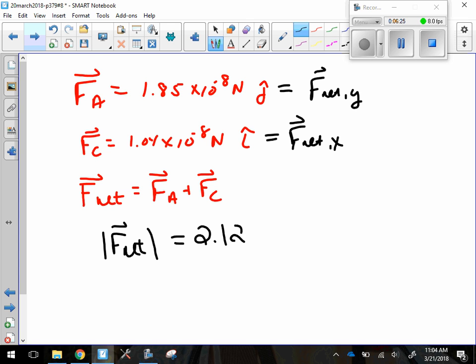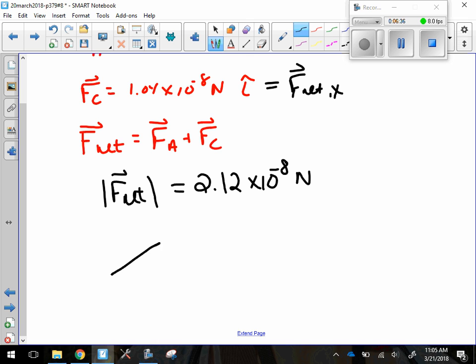How many sig figs do we have running around here? 3. Okay, 2.12. And then we can always kind of say that this is going to be our F net.